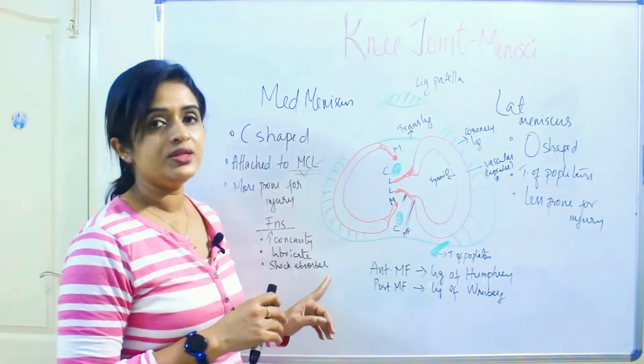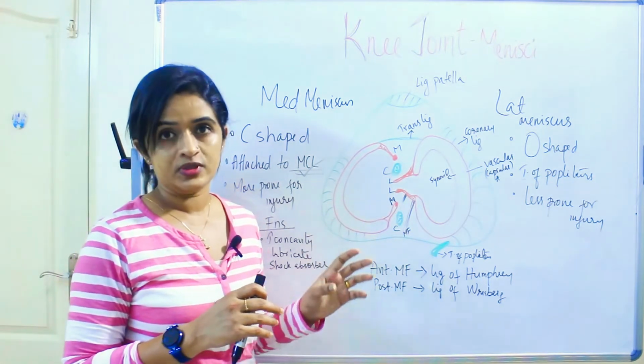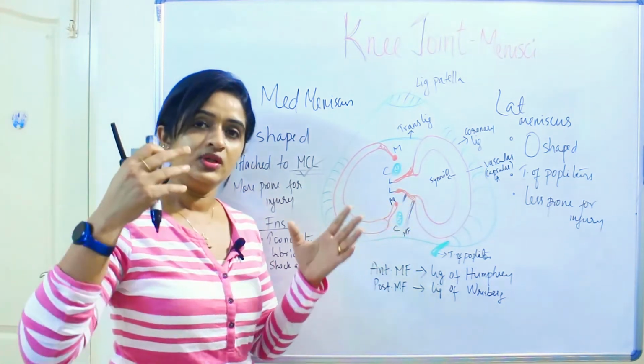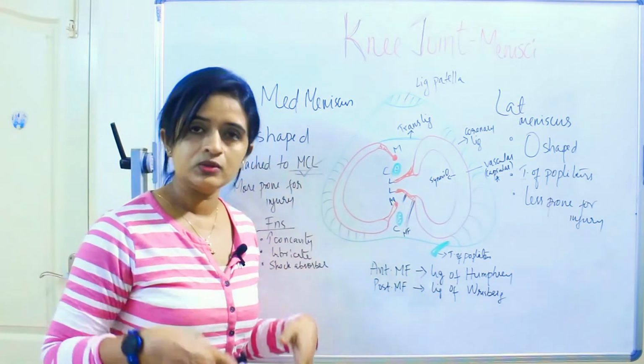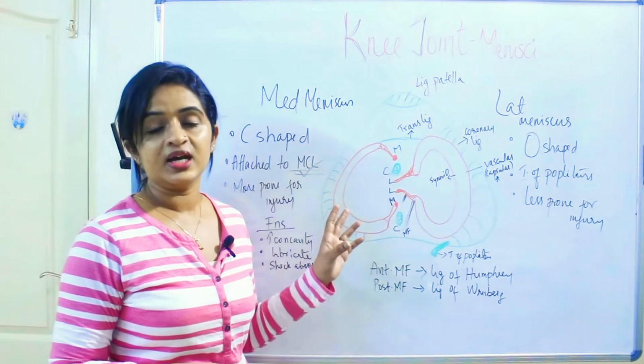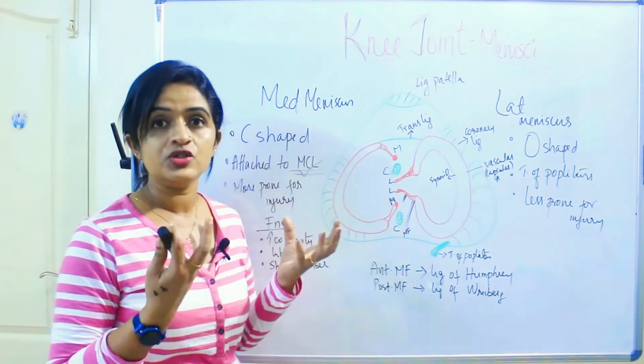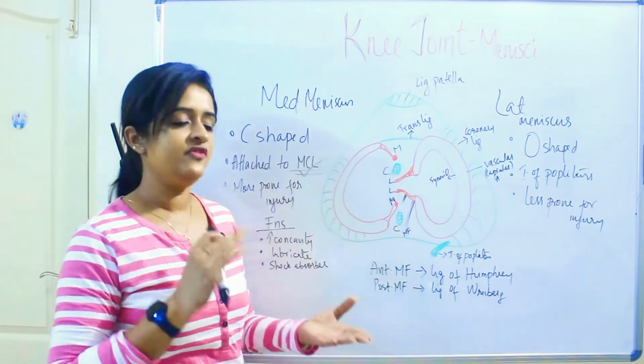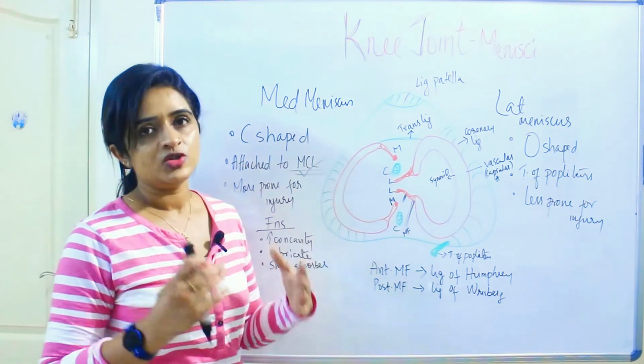And the next one is it acts as a shock absorber, because you know the whole weight of the body is passing through the knee joint to the foot. So these menisci act as a shock absorber between the femur and tibia during the transmission of weight.